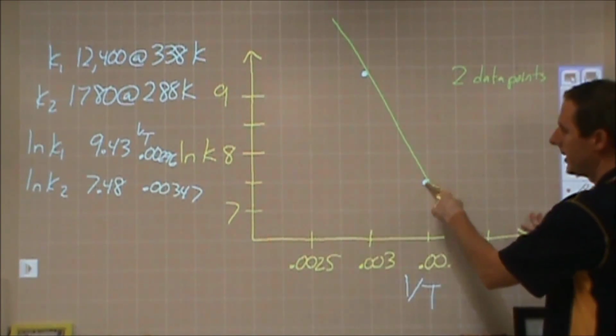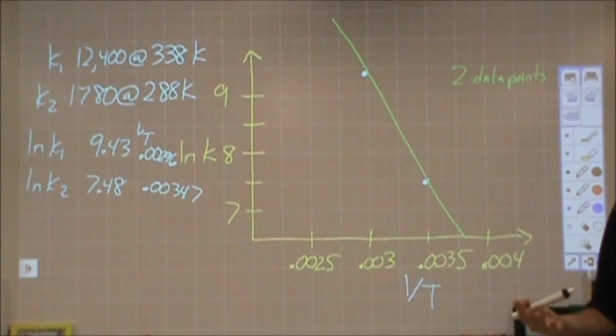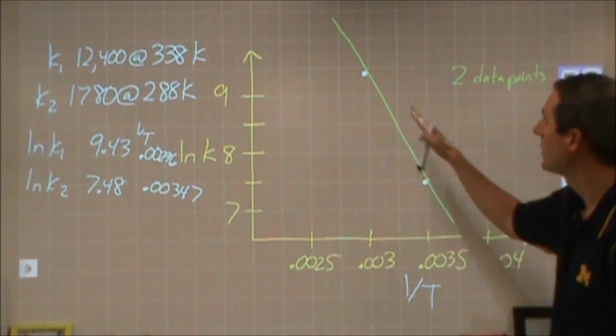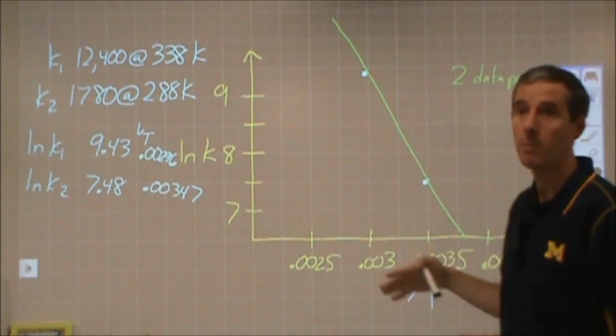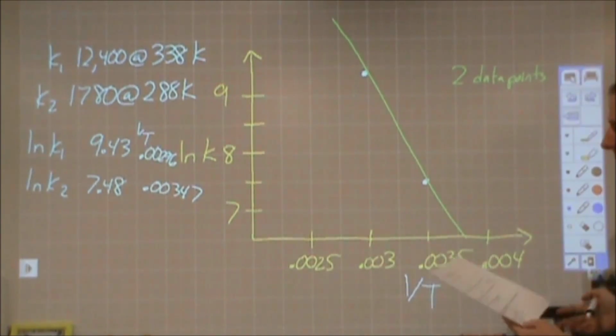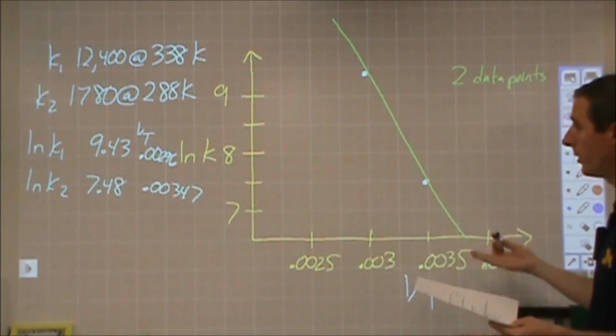Because here we only have 2, we're going to use these 2 to find the slope. But ideally, you would construct a line of best fit and then pick 2 points near the ends of it to minimize your random error, and use that to figure out your slope. So here's our plot.